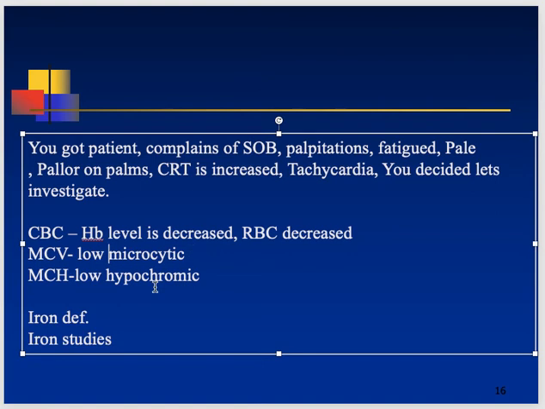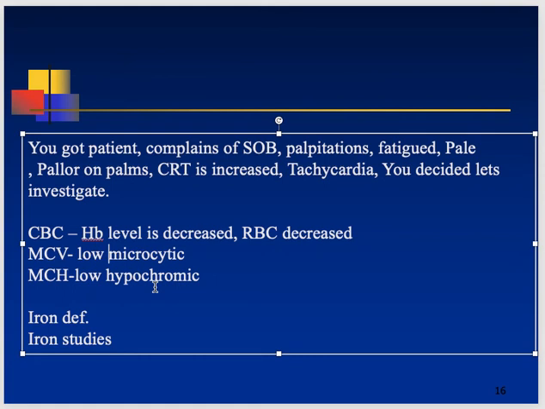If the reticulocyte count is increased, we will think about bleeding, we will think about hemolysis. If the reticulocyte count is less, then we will go and see the other cell lines. Either all the cell lines are affected, or one cell line is affected.